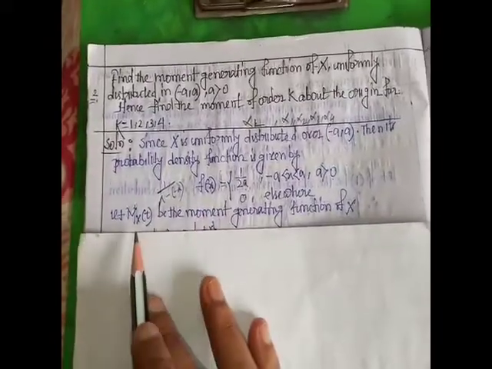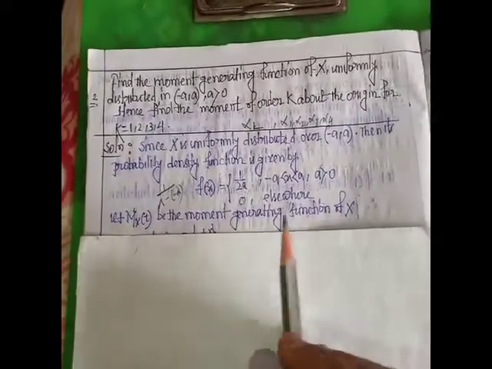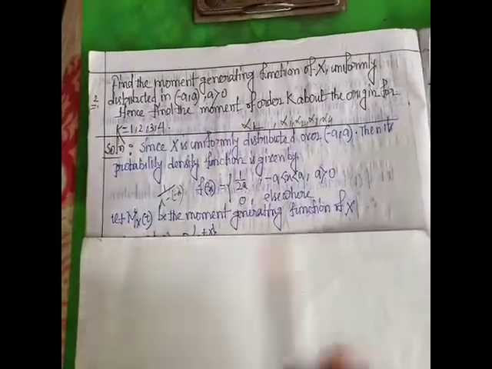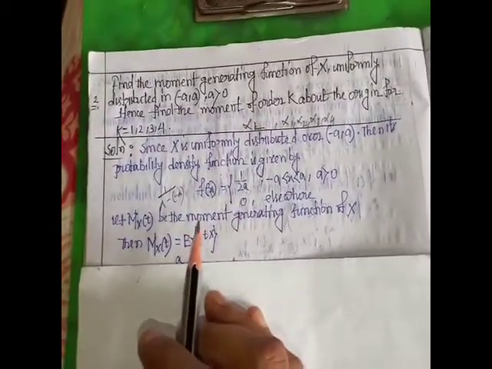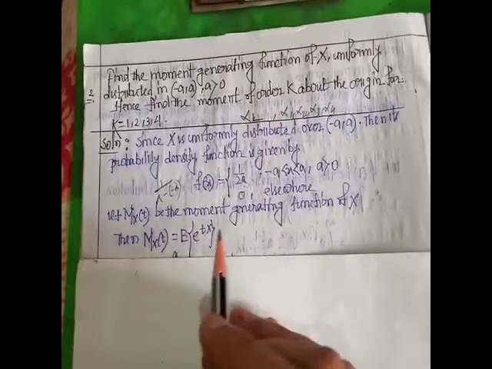Let M_x(t) be the MGF of x. The formula of the moment generating function is the expectation of e to the power tx.